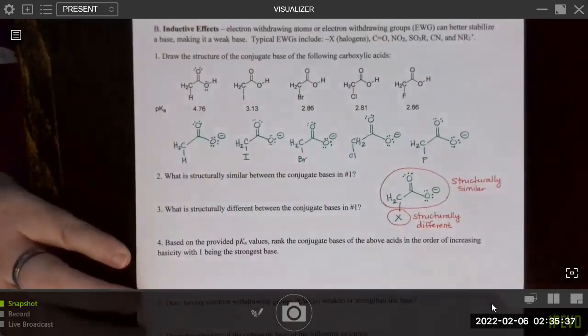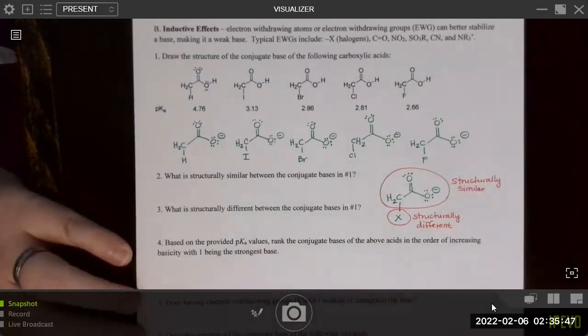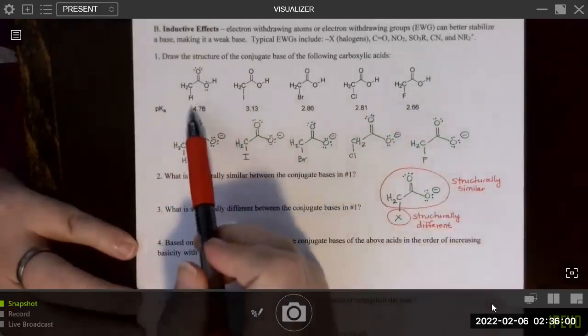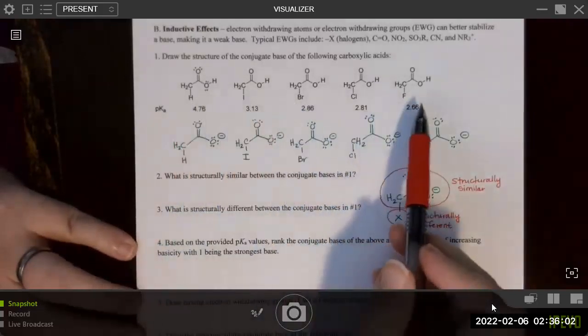So then it asks you, based on the pKa values, rank the conjugate bases of the acids in the order of increasing basicity, with 1 being the strongest base. So you guys will remember, hopefully, from the last activity that the stronger the acid corresponds to the weaker conjugate base. So looking at these pKa values here, we see that this is the strongest acid.